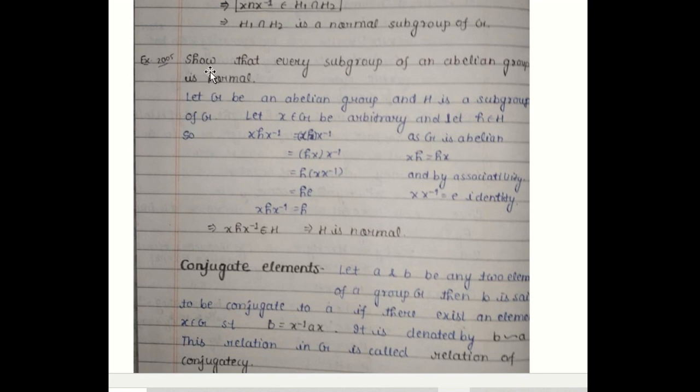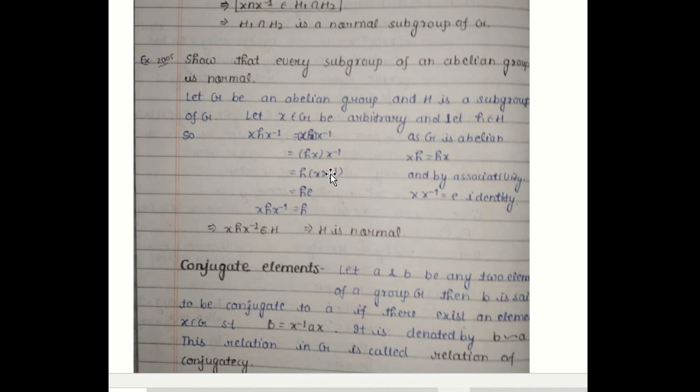But now the proof of the theorem. Let G be an abelian group and H be a subgroup of G. Let x belong to G be arbitrary and let small h belong to capital H. So we have xhx inverse. First of all, we take xh in a bracket by associativity, and xh is equal to hx as G is abelian.